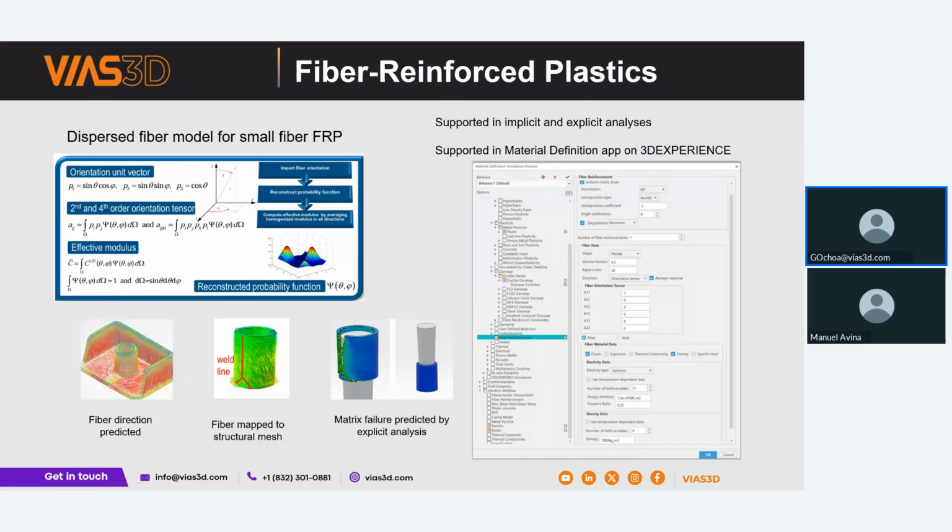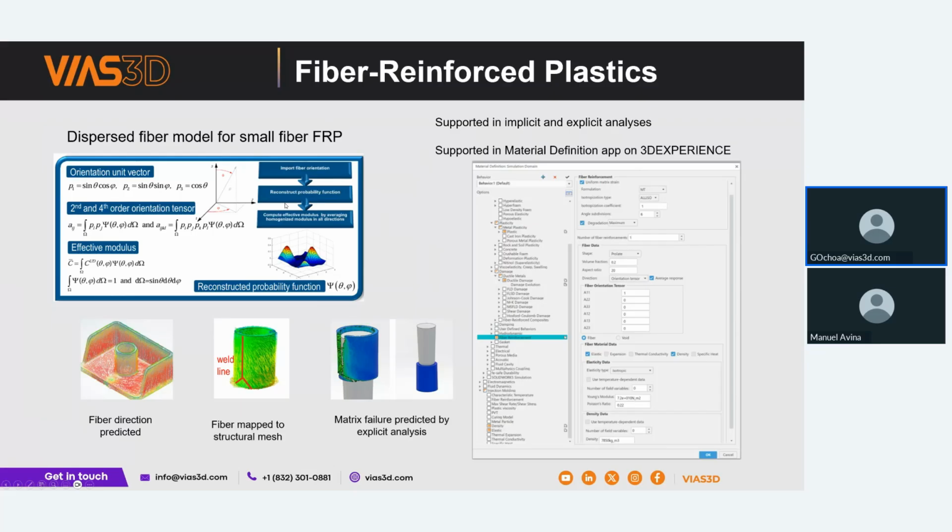Now regarding the fiber mapping, so the second and fourth order orientation tensor is being defined by the injection molding solvers. That's how the injection molding solver, not just the injection molding solver in the platform, but any other solvers such as Moldflow and Moldex, define the orientation of a fiber, which is mainly driven by the matrix flow direction.